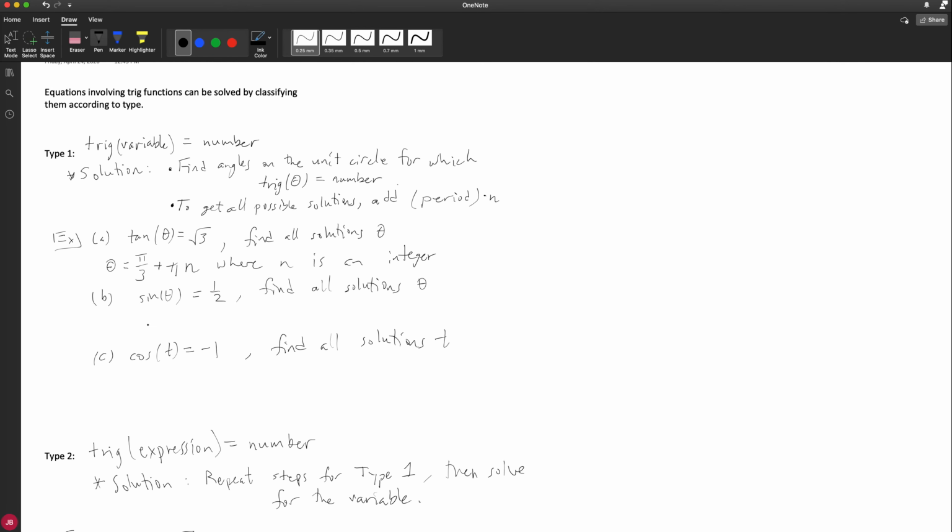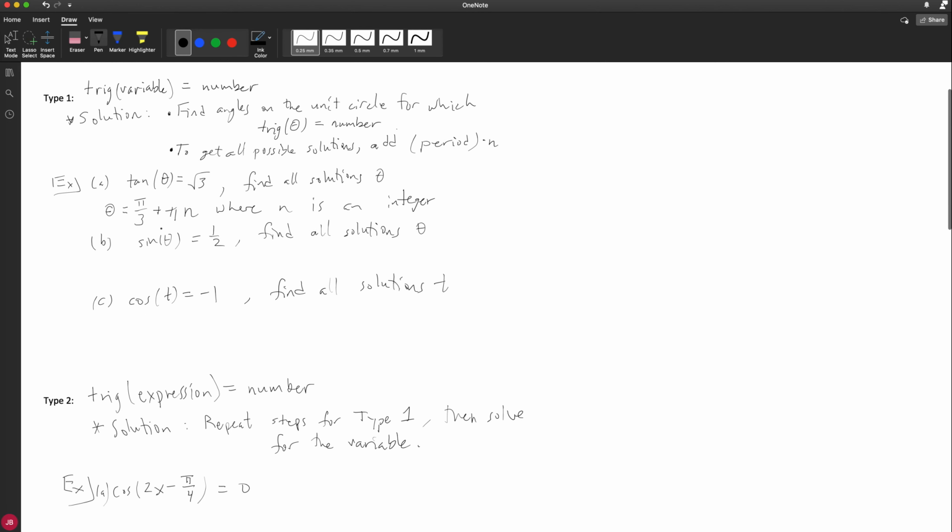So now coming down here to part B, let's look at sine. So now we're going to look in the sine column, and you'll notice, or if you'll recall, sine has period 2 pi, so we're going to need all angles on that whole chart in the sine column that give us an output of 1/2. So theta equals, well, what's the first angle for which that's true? I think it's pi over 6.